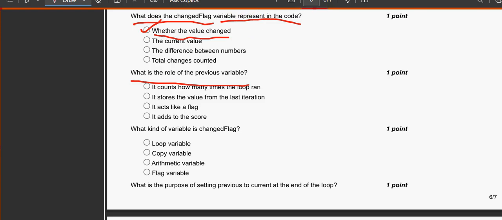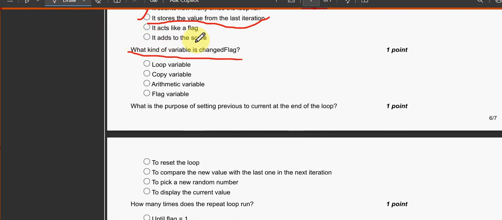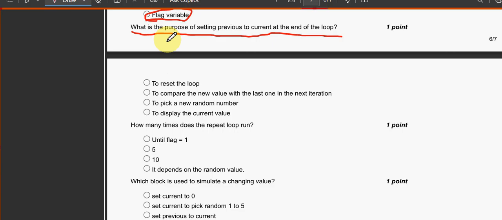For the 25th question, it is the second option: it stores the value from the last iteration. Next, what kind of variable is changed flag? The probable solution is flag variable. Next, what is the purpose of setting previous to current at the end of the loop? It is the second option: to compare the new value with the last one in the next iteration.